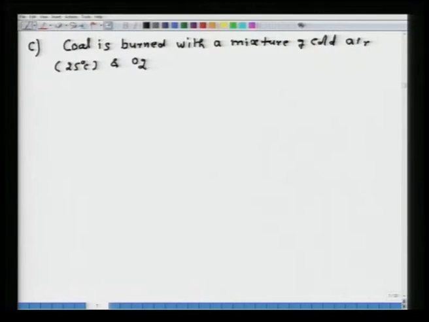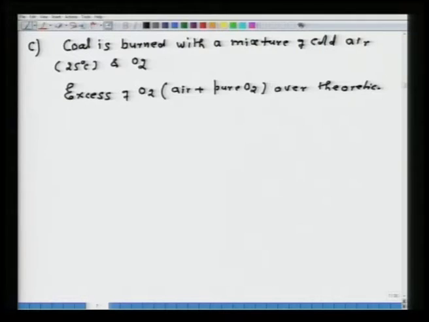No heat exchanger, that is the condition. Now, the condition is excess of oxygen, that is in air plus pure O2 that you will be supplying over theoretical for combustion will be kept same as with preheater.